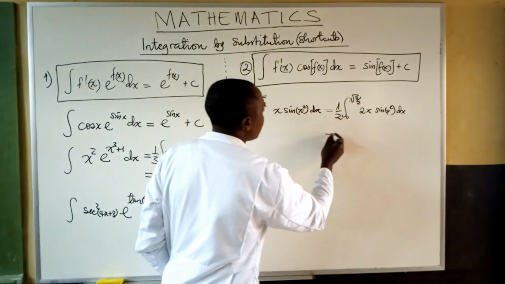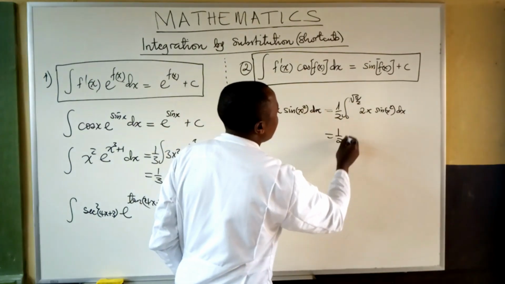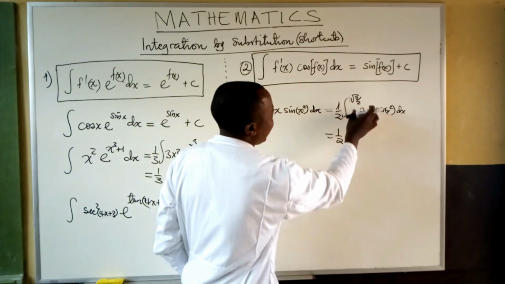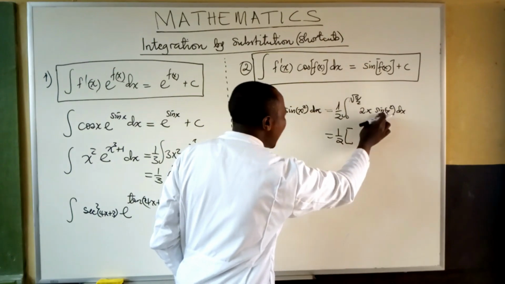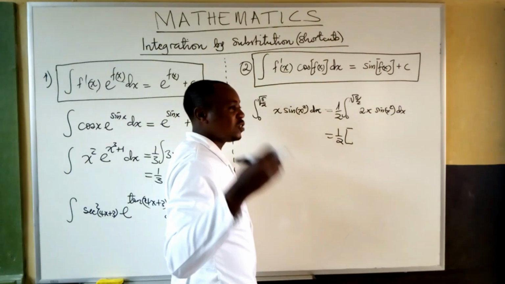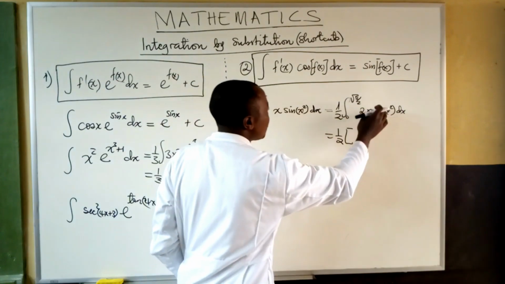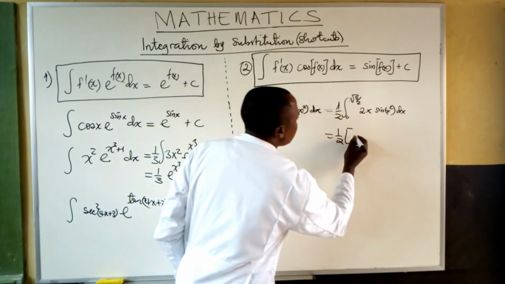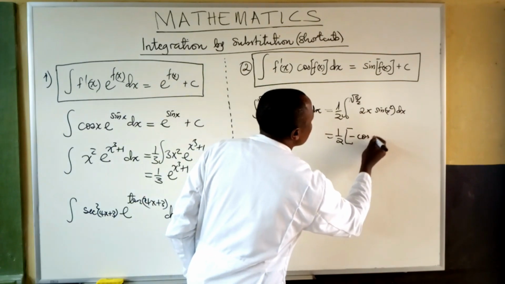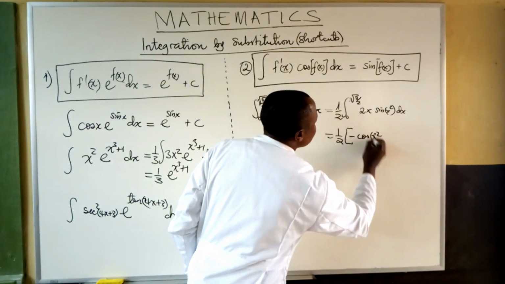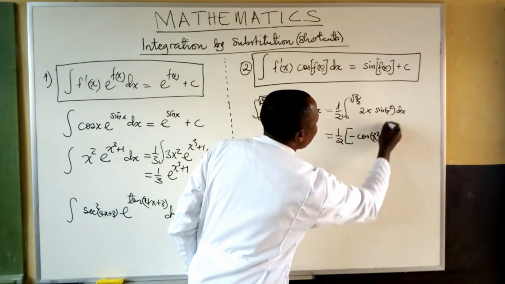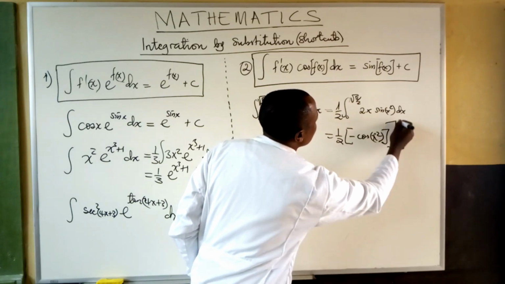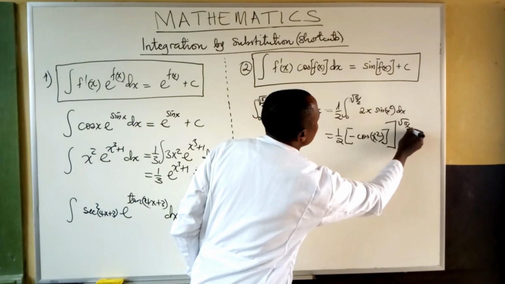So this gives half into, I ignore the differential, then change sine to the corresponding trig function usually given when I integrate sine x. So this gives me negative cos x squared, and then from 0 to the root of pi on 2.